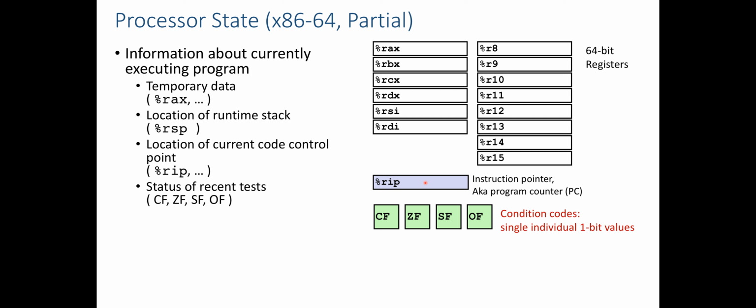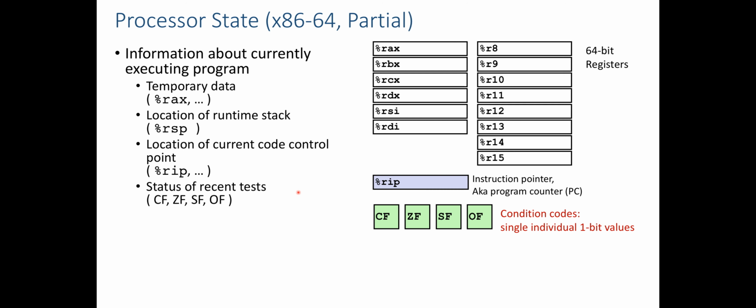The Intel x86-64 register called RIP stands for instruction pointer. That's the same thing as this program counter that I've been showing in various abstract views of our computer. And then, of course, we've got all these registers to hold temporary data.